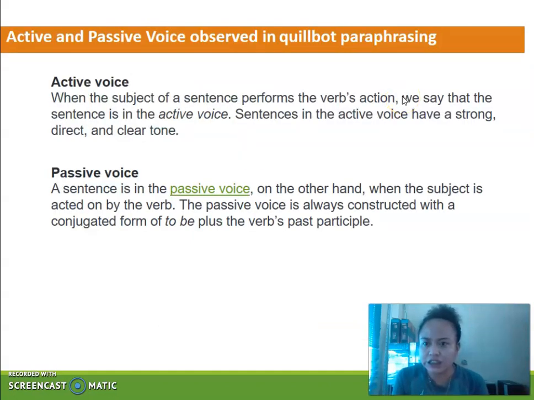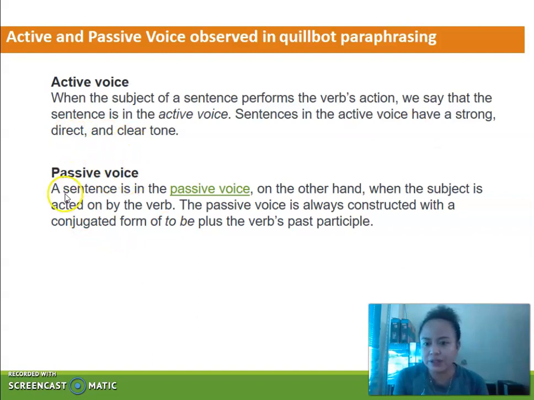Another observation is the conversion of active voice to passive voice, and vice versa, in Quillbot paraphrasing. So, what is an active voice? Active voice is when the subject of the sentence performs the verb action. We say that the sentence is in the active voice. A sentence in active voice has a strong, direct, and clear tone.